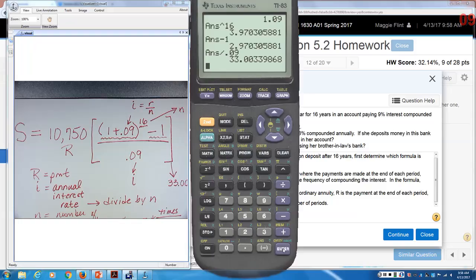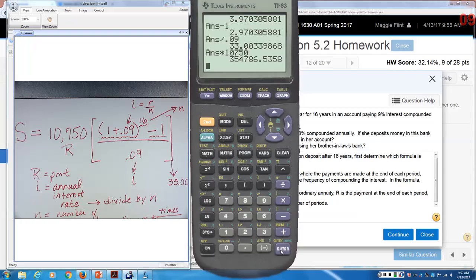That's what you've done so far, is you've done everything in square brackets. Now the only thing you have left to do is to multiply that amount times the $10,750. And that gives you her future value.